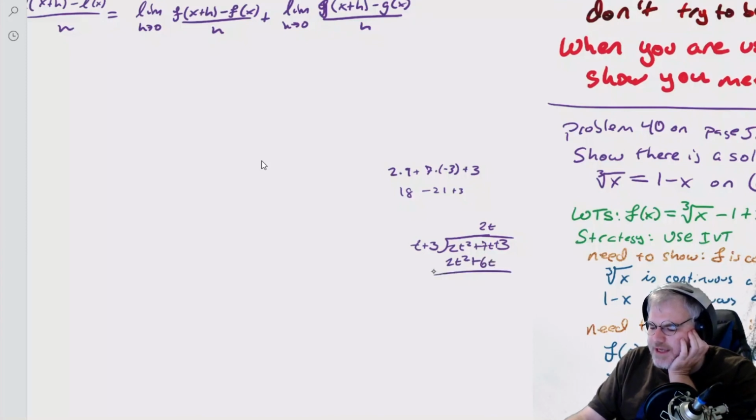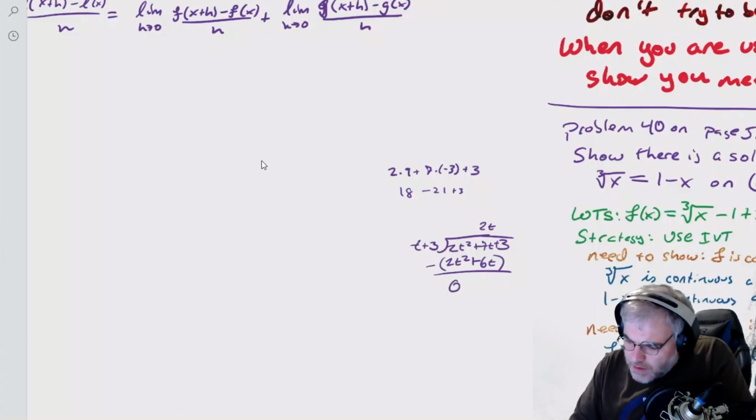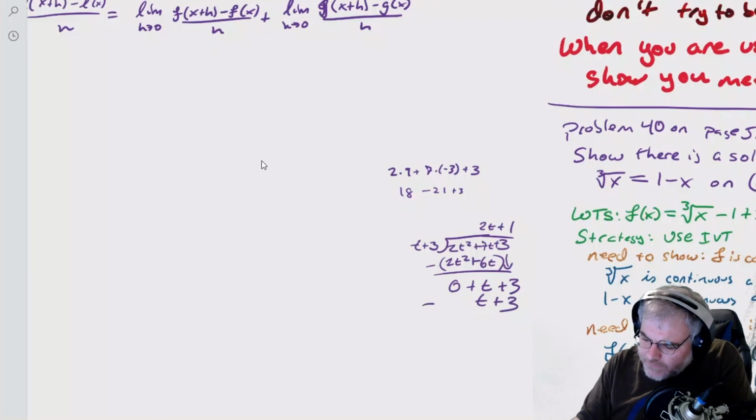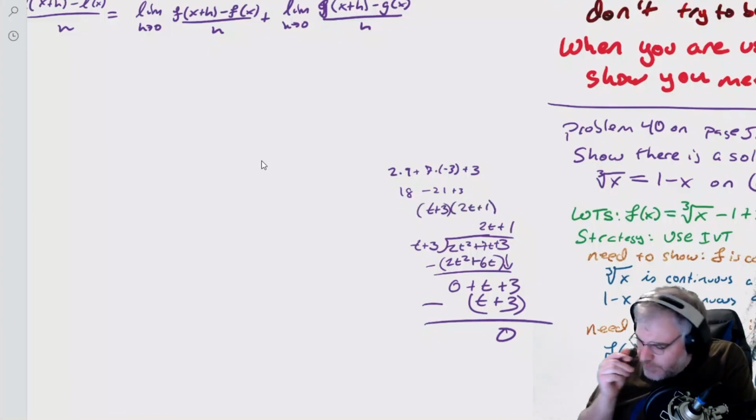You subtract, and you wind up with 0 plus t, bring down the 3. And that'll go in nicely, so this is a 1. You multiply the 1 over, you get t plus 3, subtract, and you wind up with 0. So the bottom ends up factoring into t plus 3 and 2t plus 1. That's unpleasant, but that's what it is.